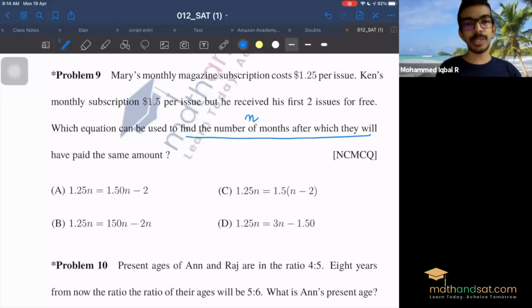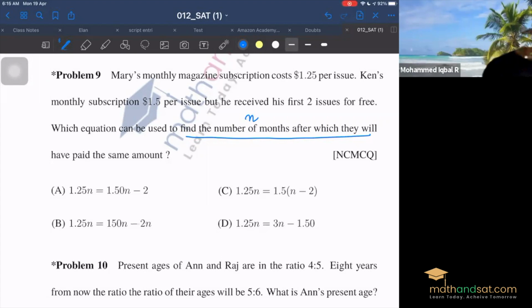So I'm going to choose n as the unknown quantity, the number of months after which they would have paid the same amount. Is that clear? Yes.